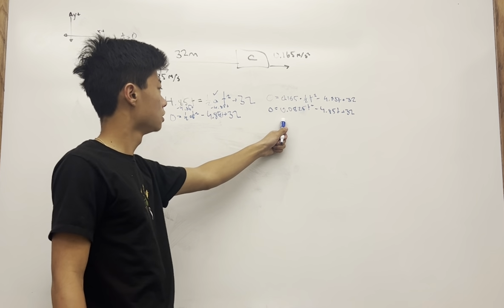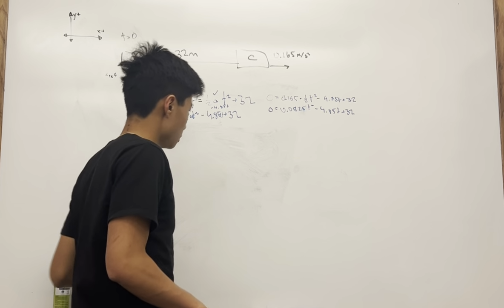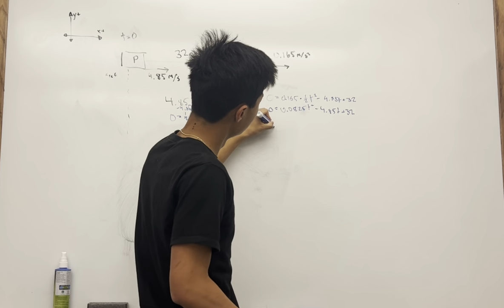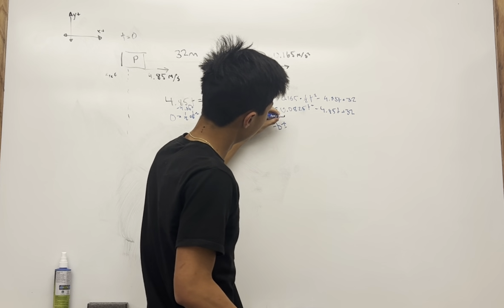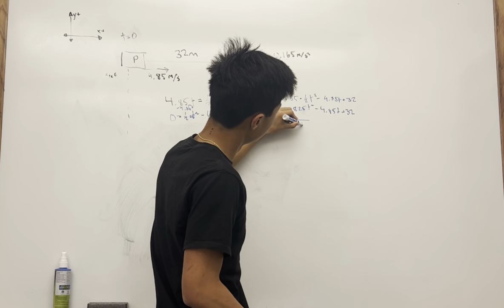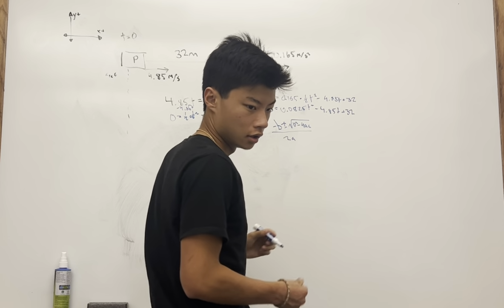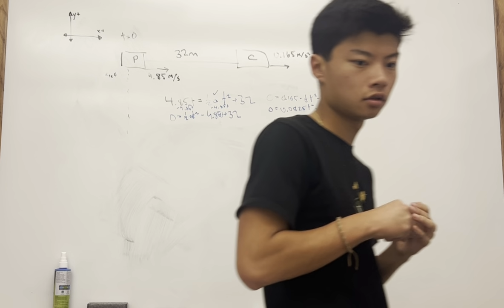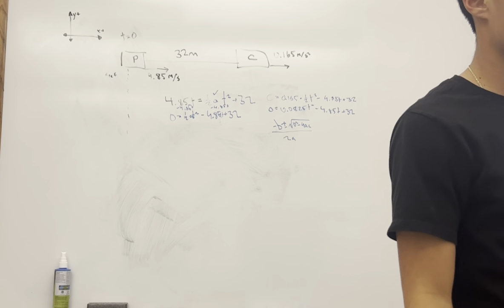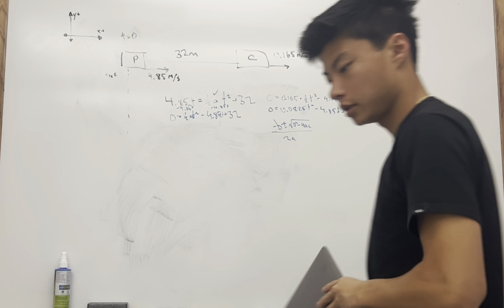Now, we can plug this into the quadratic formula, which is negative b plus or minus square root of b squared minus 4ac all over 2a. And we can use a calculator for that. I actually have a calculator that we're gonna pull up.